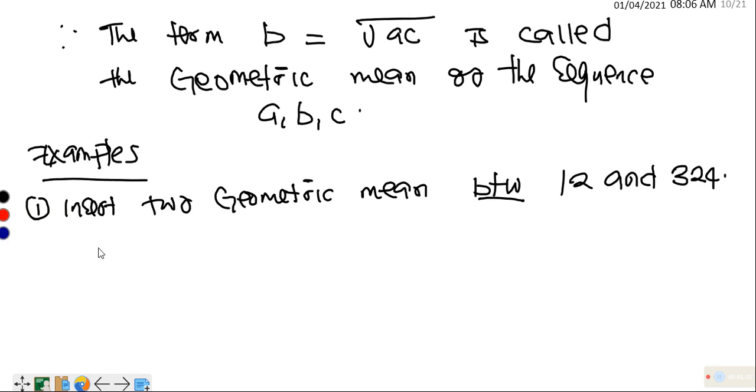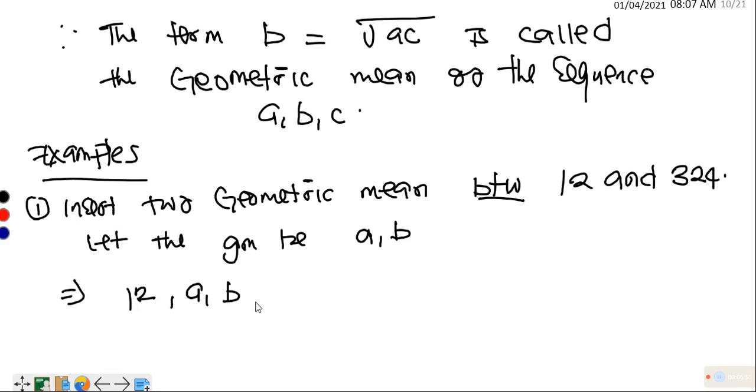So what we are going to do is let the geometric means be, let's say, A and B. So the sequence will be 12, A, B, and 324. So we can find the common ratio.